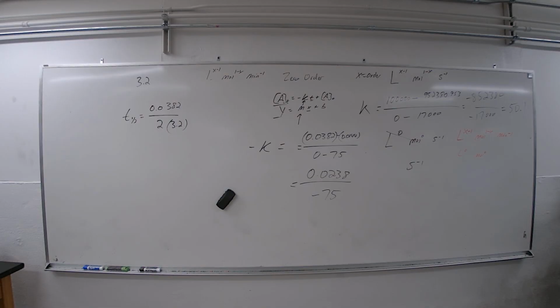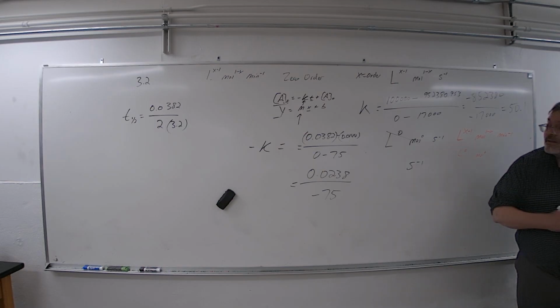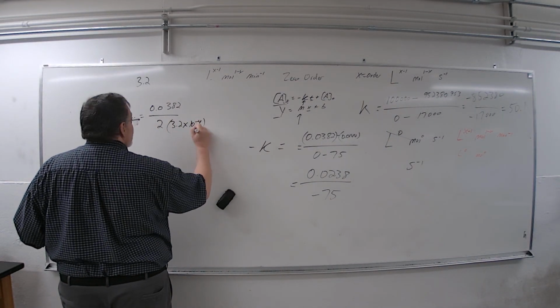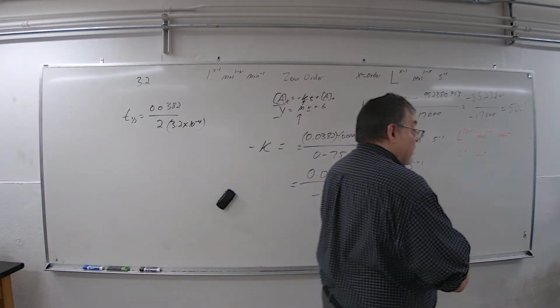I think I didn't even pass a test on this. It makes mistakes on me. So this is 3.2 times 10 to the negative 4 to do the half-life.